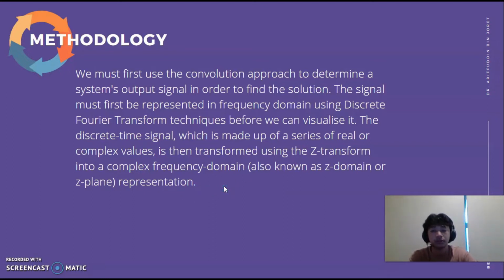So the methodology of this project is that we use the discrete Fourier transform technique, and we can get the output from this discrete Fourier transform using the MATLAB software.